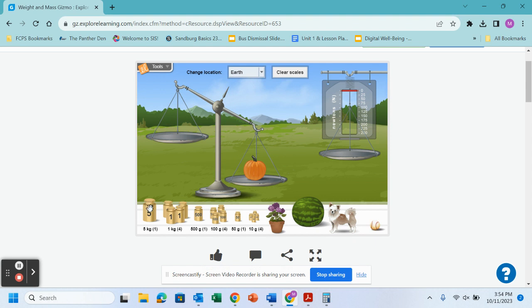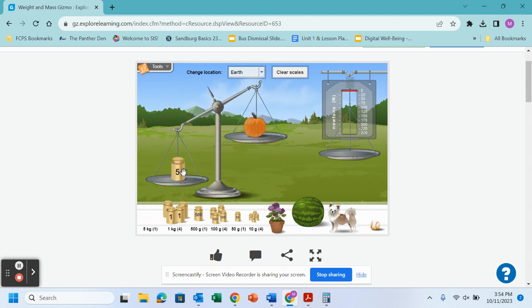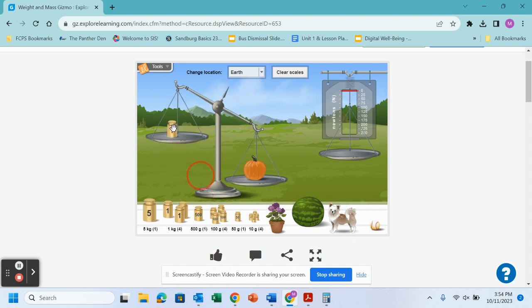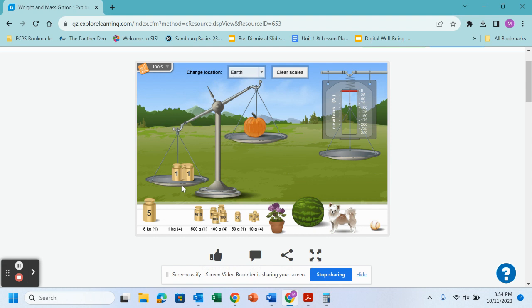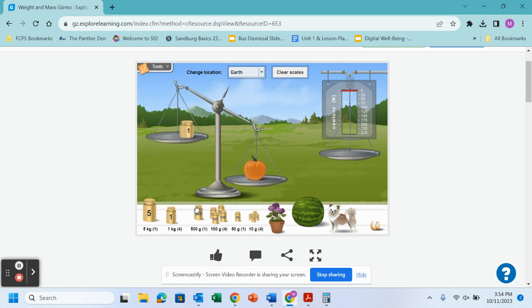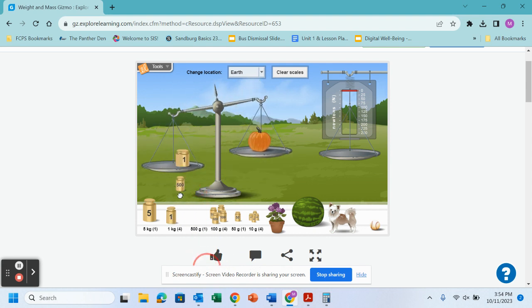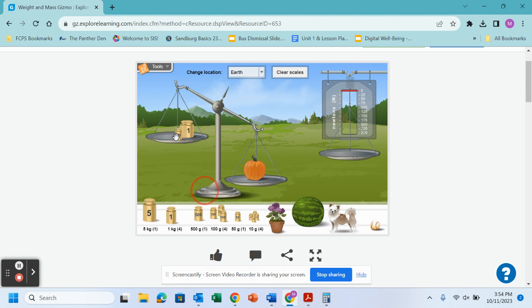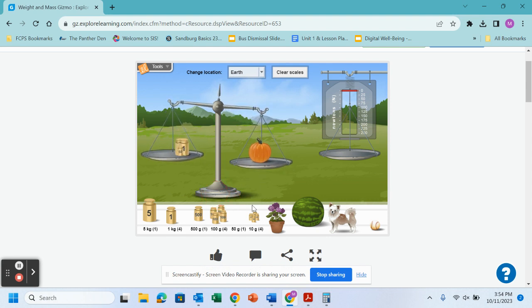Remember, we're measuring in grams, so that's too much. 1,000 grams, 2,000 grams, 3,000 grams. Okay, so 4,000 grams is too much, so 3,500, okay, that's still too much. 3,000, okay. 3,050 grams. 3,060 grams. Seems about right.